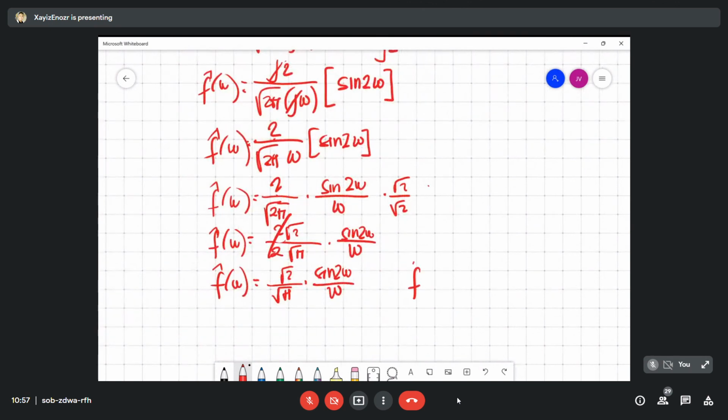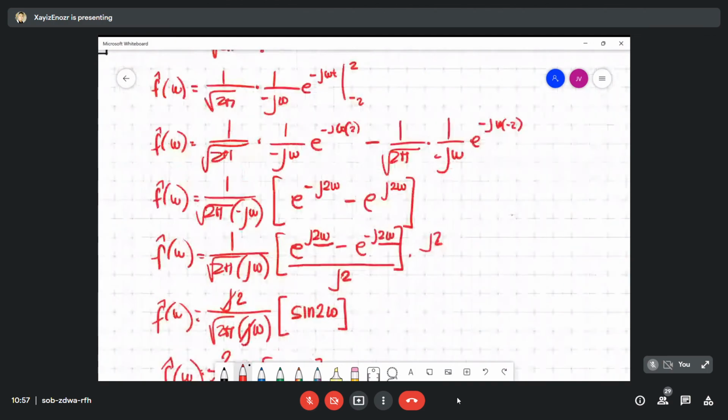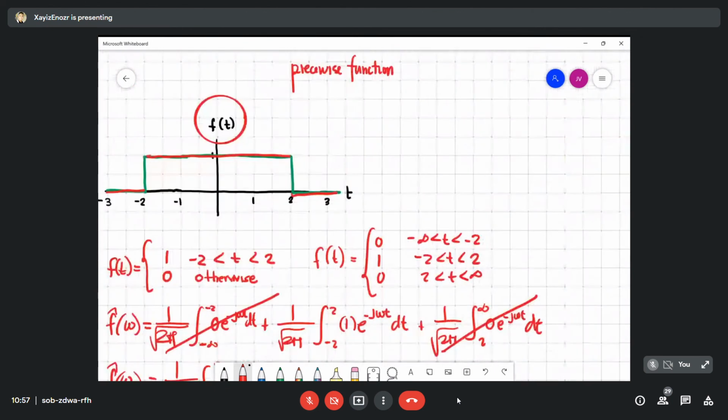Therefore, yung function ng omega or the Fourier transform ng given waveform na to, in terms of complex frequency is square root of 2 over pi multiplied by sine 2 omega over omega.